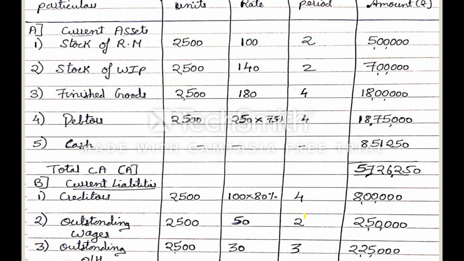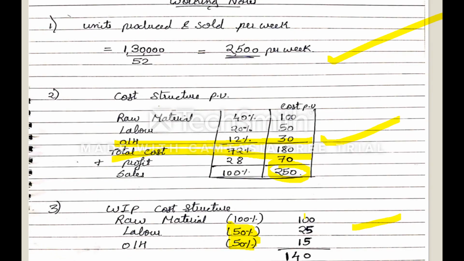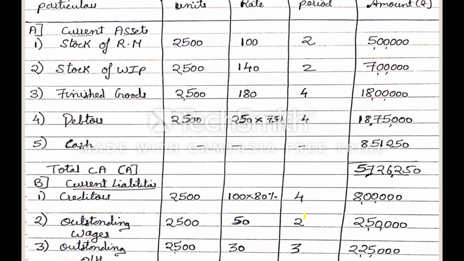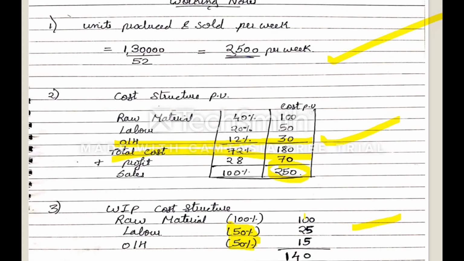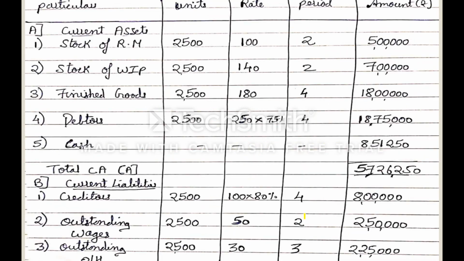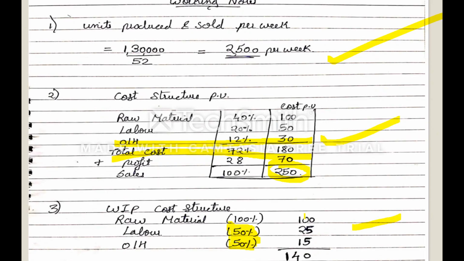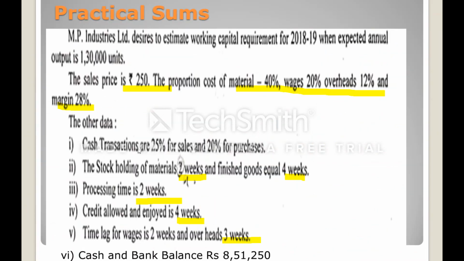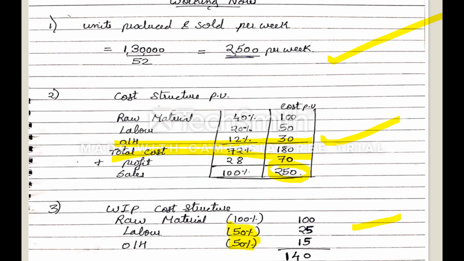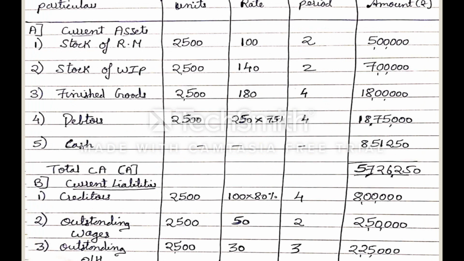So now first, stock of raw material. How many units will we write? 2500 per unit, which has already been calculated per week. Rate: look at the cost structure, the original cost structure, raw material is 100, so I will be writing 100. For time period, where will we get the time period? I will get the time period from the question itself. If you look under adjustment, it says your raw material stock is 2 weeks. 2 weeks is my time period. So getting back to the step, 2 would be written under period.